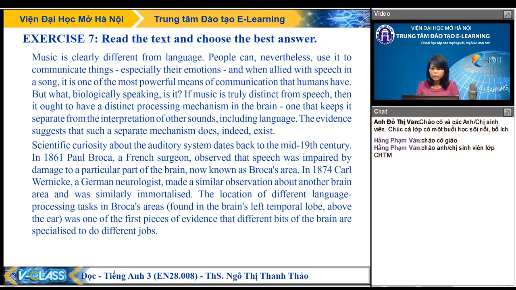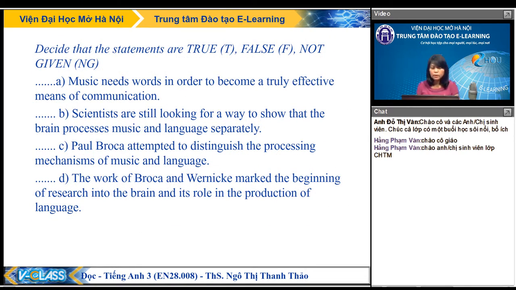Okay, here are the questions for our exercise 7. There are four questions. Whenever you decide that they are true, false, or not given, just think about the clue where you find the answer to these questions.